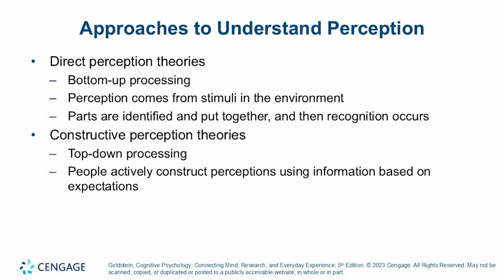And it really consists of what we've been talking about already, that the mind really constructs perception using both the information that's coming in from the outside world and your expectations about the outside world that are based on your memory and knowledge about the way that the world operates.